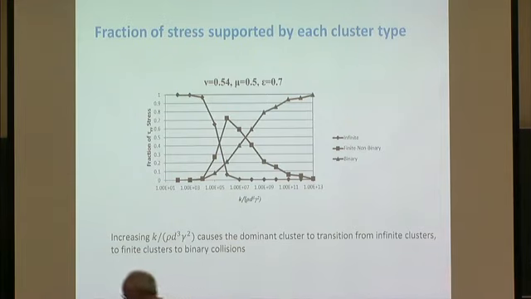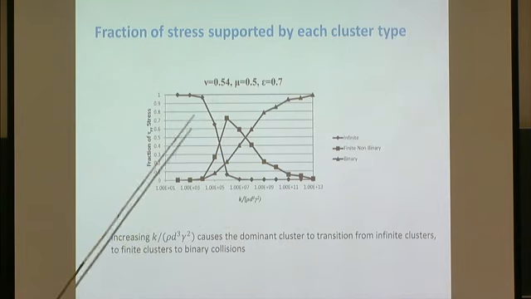And a way of seeing what happens is to ask how much of the stress is being supported by clusters of what type. And so here's the fraction of the tau YY stress that's supported by each cluster. Of course, everything adds up to 1, versus this dimensionless stiffness here.